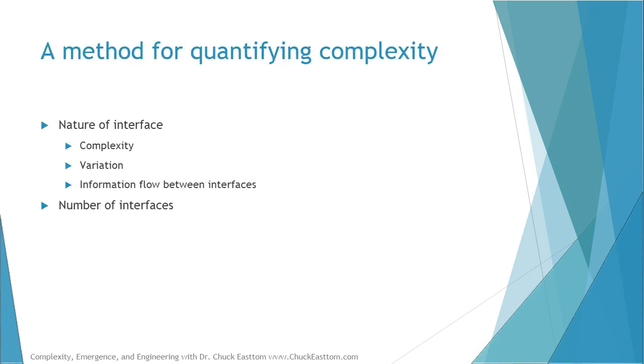So what we want is a method that's simple, that anyone with even basic mathematics can do, that will give us the best way to predict emergence. So, what do we do? We look at a system, we look at its interfaces, and we evaluate the interface. Not every interface is equally likely to lead to complexity and emergence.